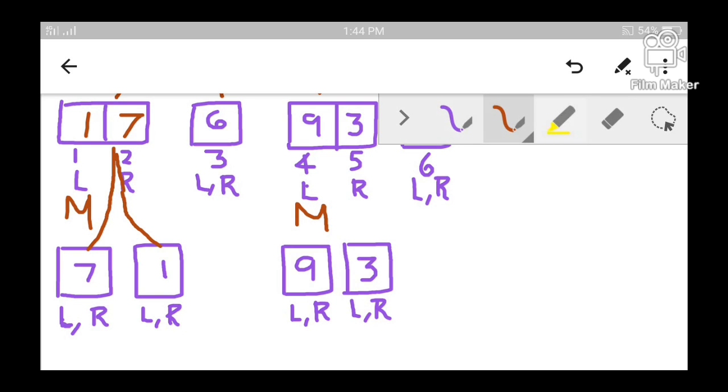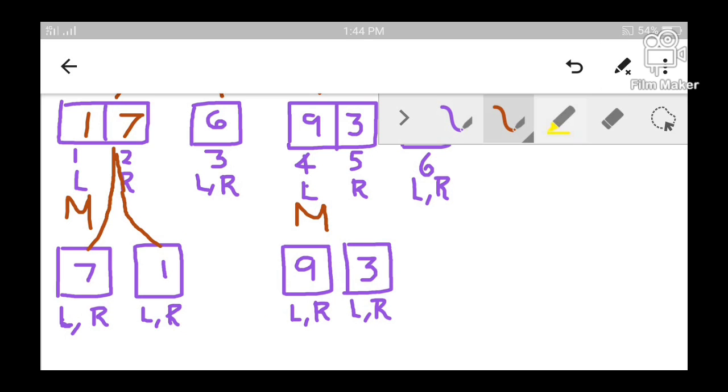Hope you understood the concept why it is written so, because the inputs were having two arrays. Each of them were individually sorted. When these two arrays are combined using merge operation, the result we get is also a sorted array. So we got a new array with the elements 1 and 7. Similarly, let us take these two arrays.